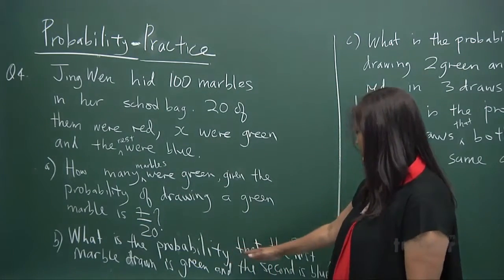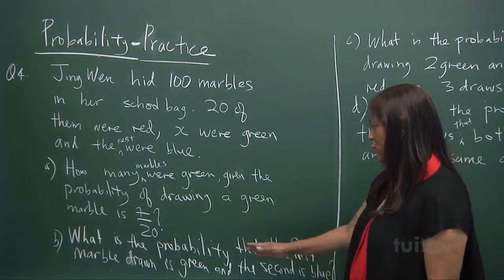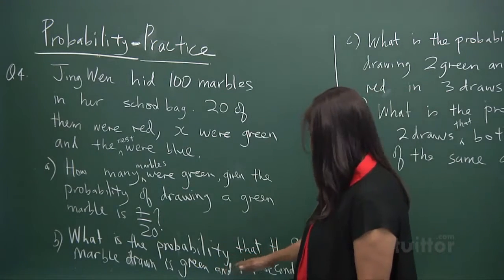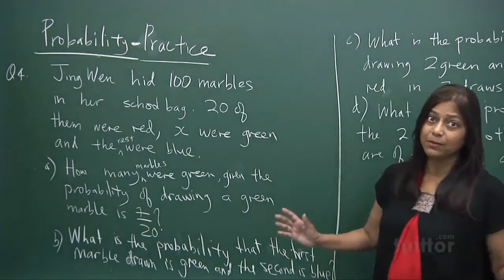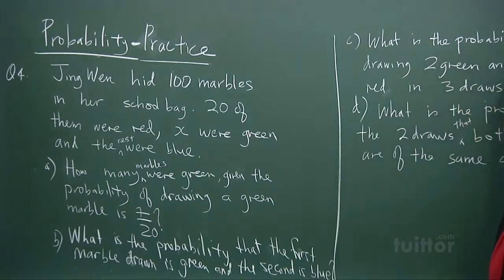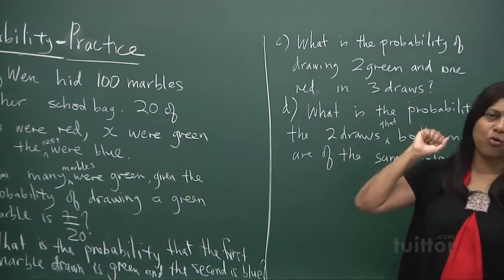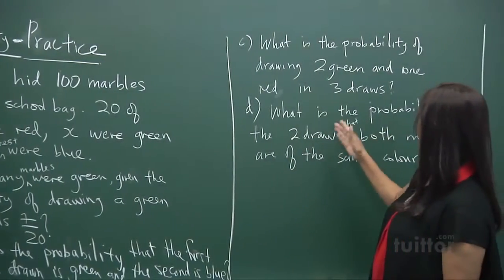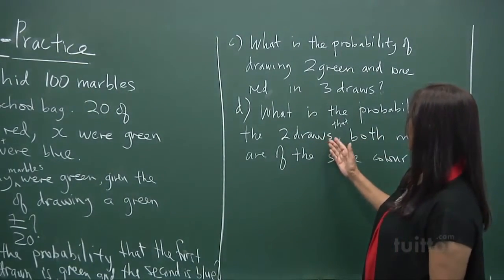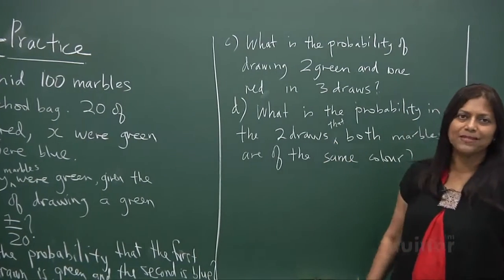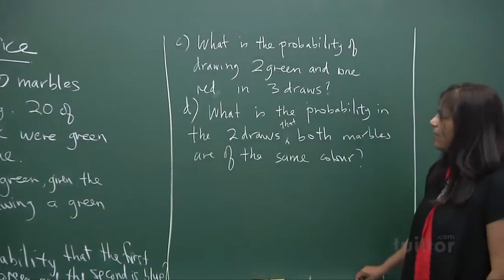And then what's the probability that the first marble drawn is green and the second marble is blue? And what's the probability of drawing 2 green and 1 red in 3 draws? And the last one, what is the probability of drawing 2 in the 2 draws that both marbles are the same color?